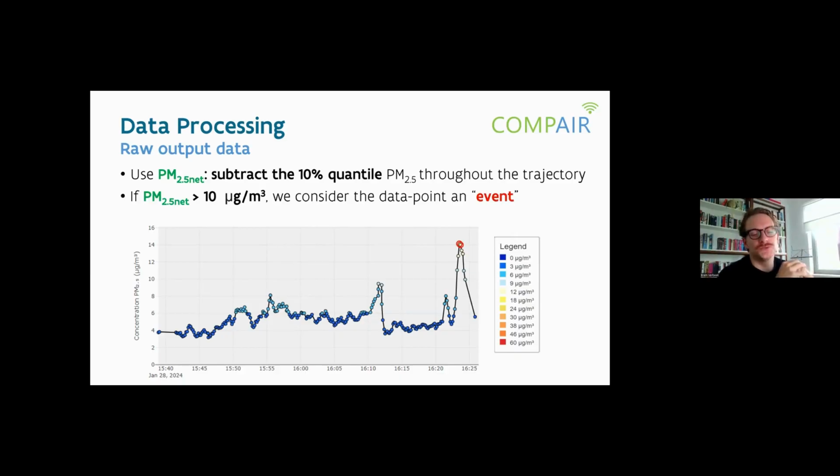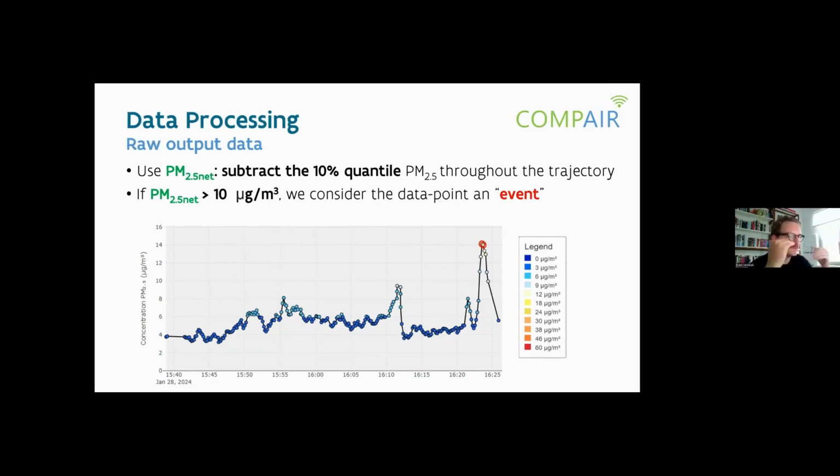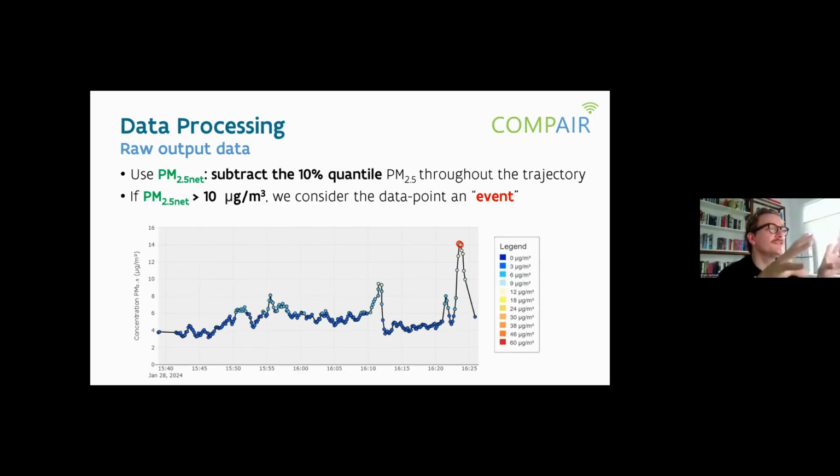So it's very hard to really take the concentration at face value. You have to compare it to some kind of background level. And what we decided to do for this experiment is basically look at a net contribution. We're trying to detect local sources, so this makes a lot of sense. We're trying to find where the concentration is much higher than two streets further, essentially.